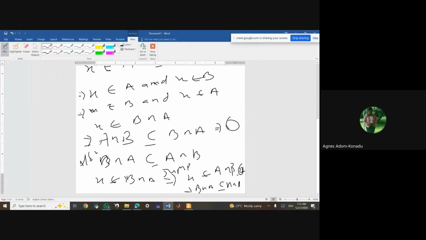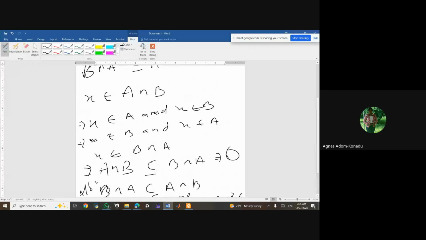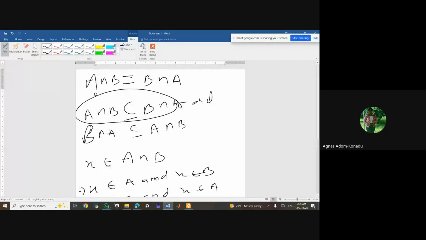From equation 1 and equation 2, you conclude that A intersection B is equal to B intersection A.